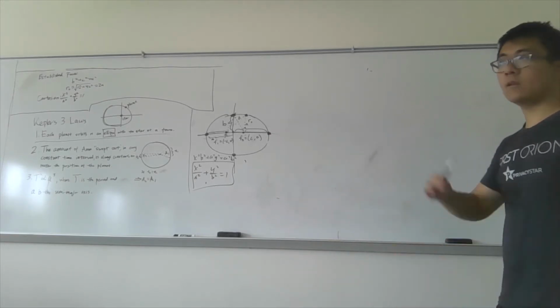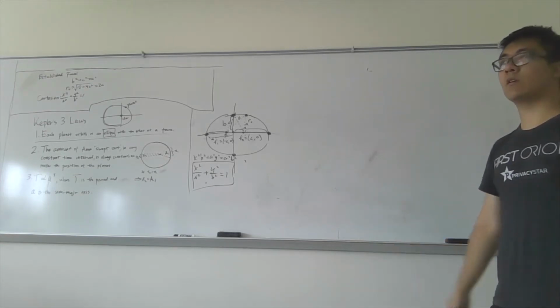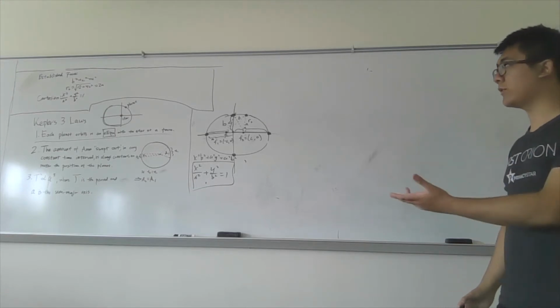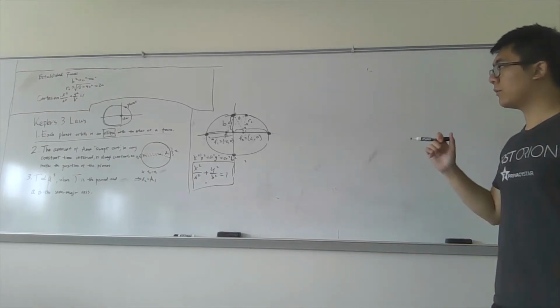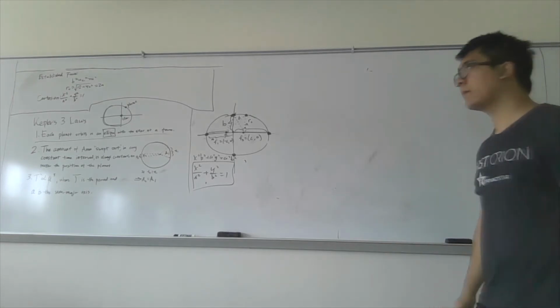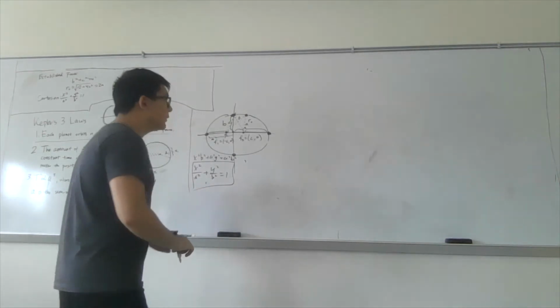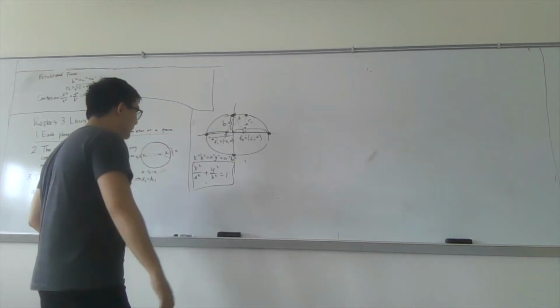Anytime that happens, we want to express our coordinates in polar form. That's kind of what we did with the parameterization, but you get the rough idea.